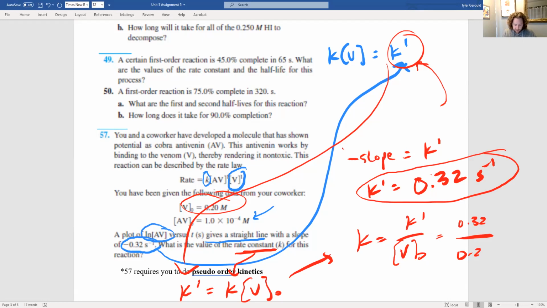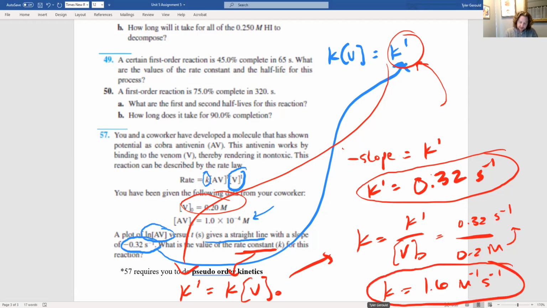And this is going to get us our new K value. Now, K prime has the units of per second, and the concentration is molarity. So we're just going to adjust the units slightly, and we'll get our answer: 1.6. Molarity was a denominator, so we have to bring that up and give it a -1. So 1.6 is the actual rate constant, whereas the slope gave us K prime for the adjusted rate law.